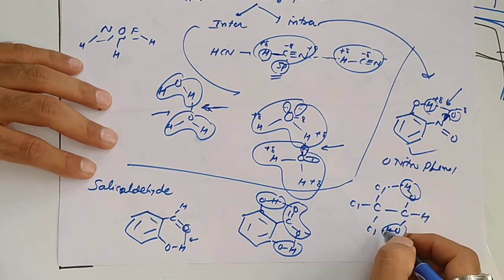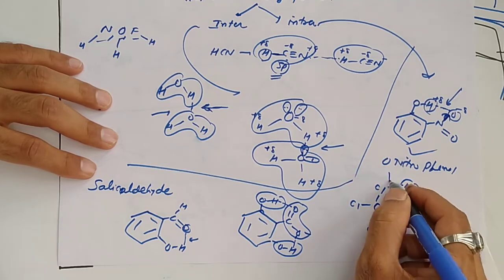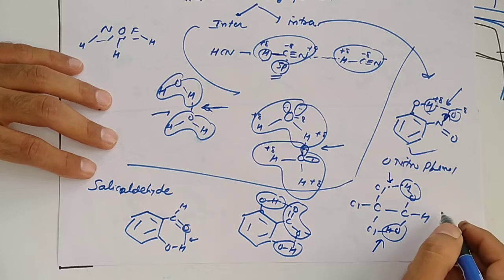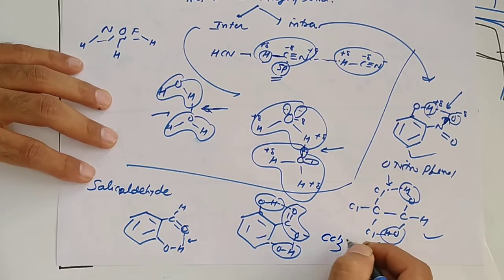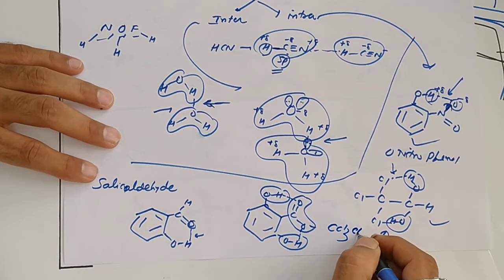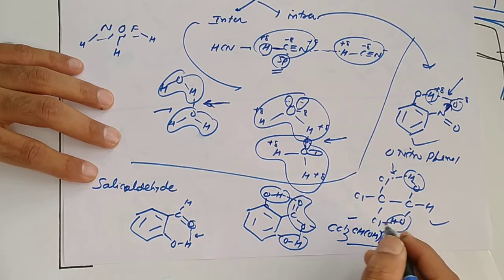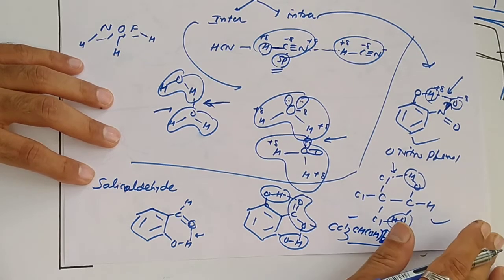But here, due to intra hydrogen bonding, it is stable. The formula of chloral is CCl3 and CH(OH)2. Chloral is stable due to hydrogen bonding.